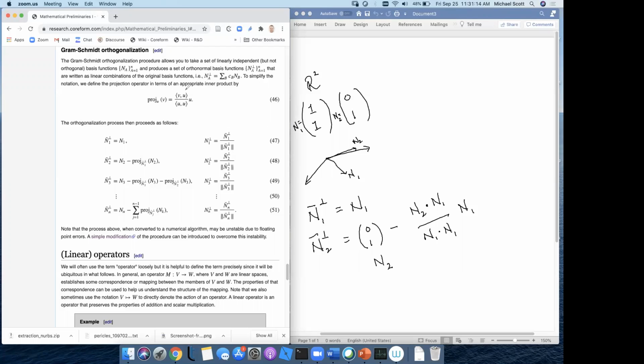See how I basically just transcribed this using the generic inner product. I'm using the right inner product, which is the dot product for R2.